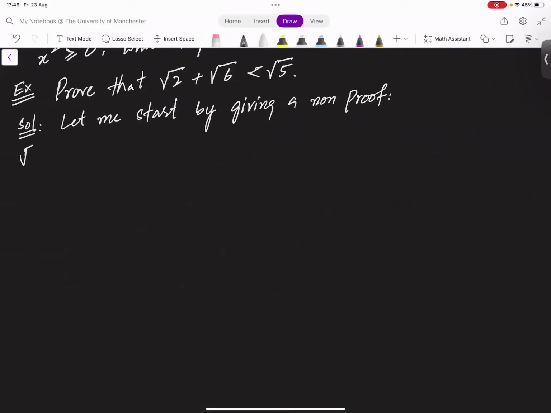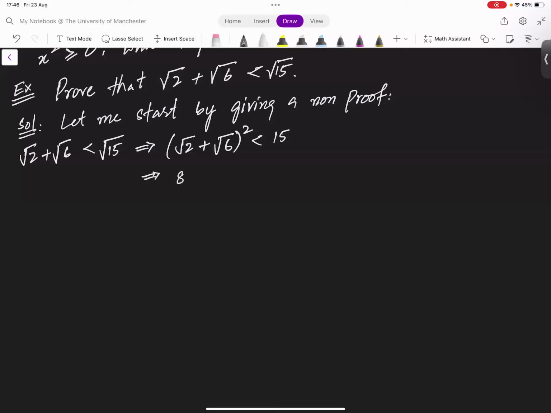So we can say that square root of 2 plus square root of 6 is less than square root of 15, then this implies (square root of 2 plus square root of 6) square is less than 15.